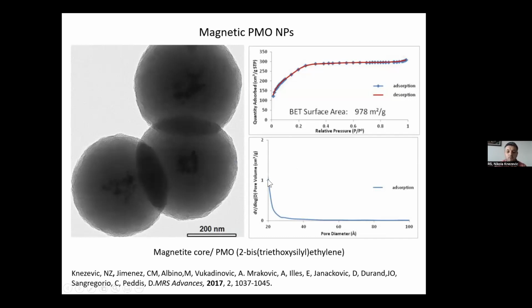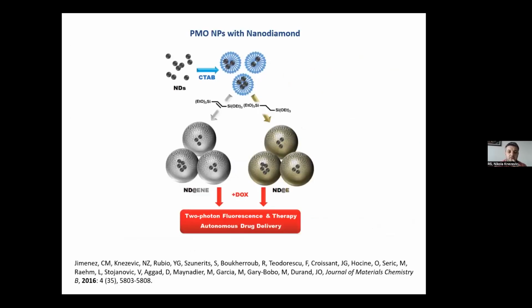You can see these are more microporous now, but still high surface area. And we demonstrated, as I said, a core that has a more active role for cancer treatment, like nanodiamond in this case. It was embedded in different types of PMOs with ethylene and ethane groups.